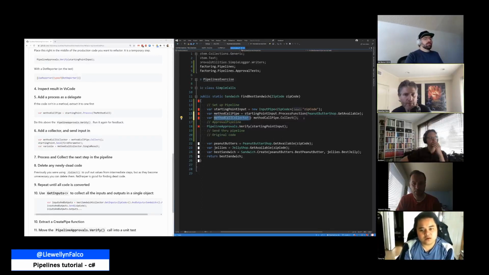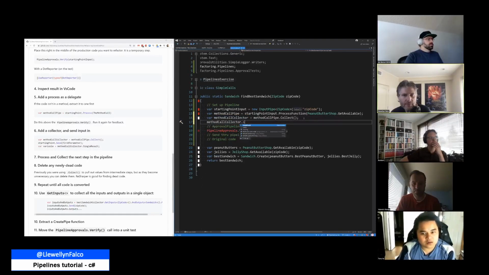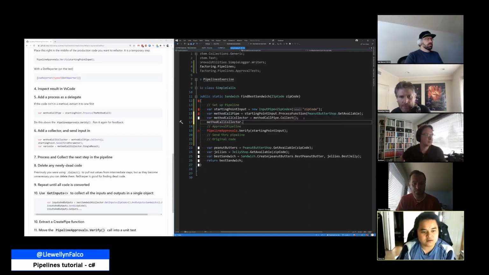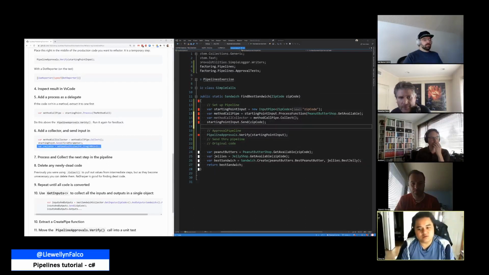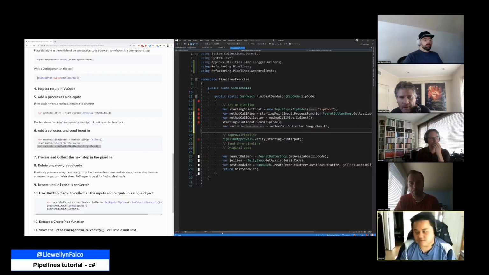What line do you want them to be at? It should be right after line 16, right? So basically starting point dot send, passing in the zip code. Right after that, we have the variable, method collector dot single result, where we try to get the result back into the variable.